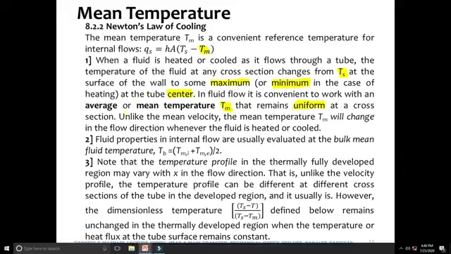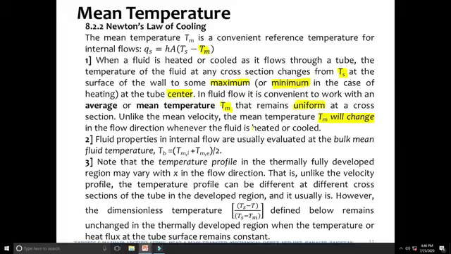Over here, as it says, unlike the mean velocity, the mean temperature will change for the reason I just mentioned, in the flow direction, meaning in x, along the axis of the pipe. It would depend on whether the fluid is being heated or cooled. If the fluid is being heated up, it means that T infinity is less than Ts. So if T infinity is less than Ts, the fluid is at a lower temperature, so it will get heated up.